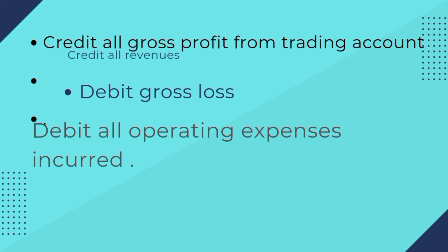And then the third says debit gross loss from trading account, if any. The fourth rule says debit all operating expenses. All right? And the rest.